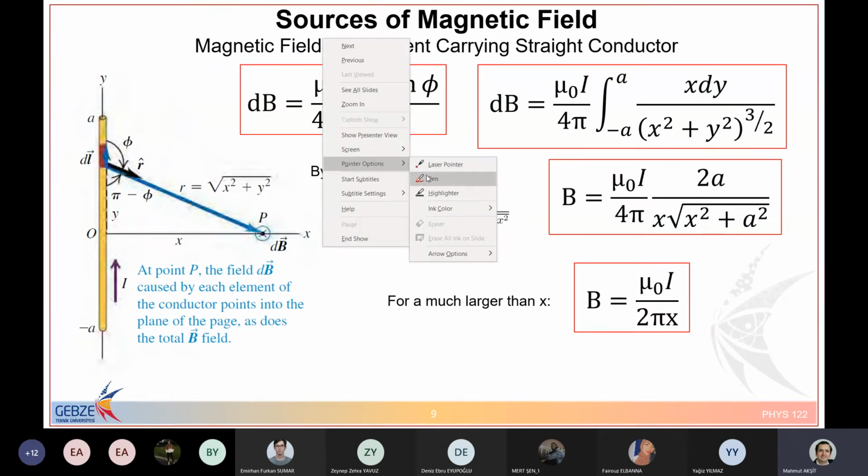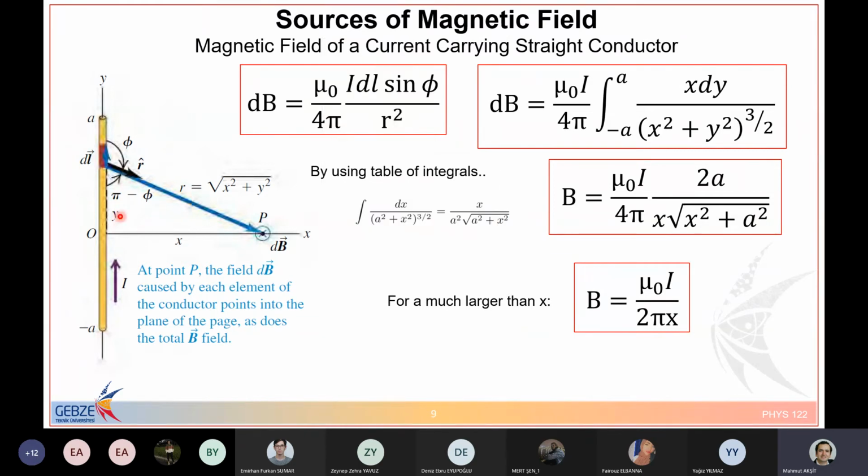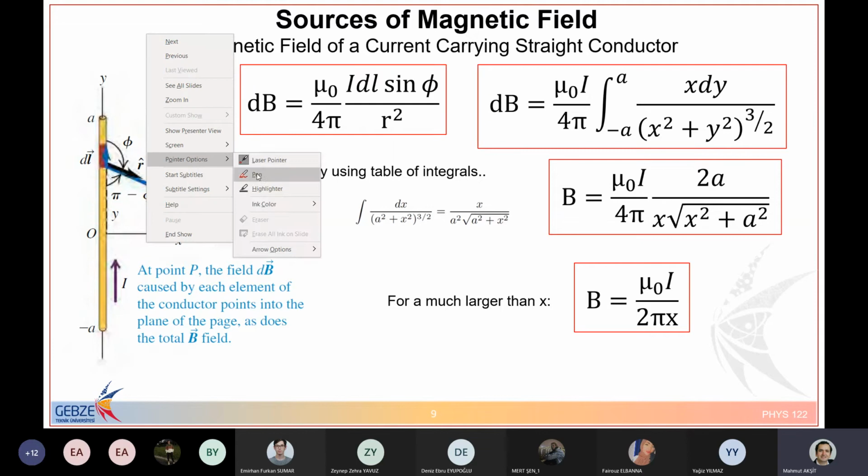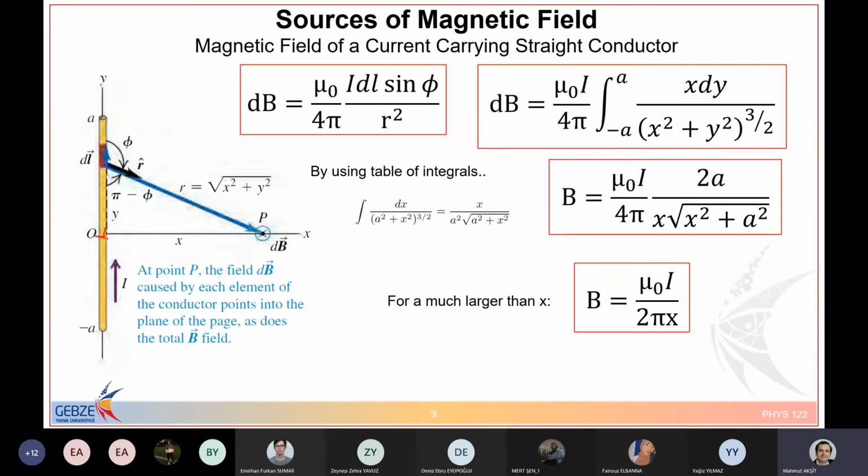So what we have here, we have longer segments, and we are interested in calculating contributions of an entire segment on just point P. So here, for this segment here, for example, the R is just X. The R value is smaller than this segment, which is just square root of x squared plus y squared, and the angle is also different.